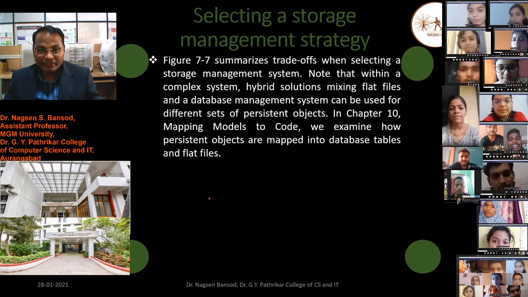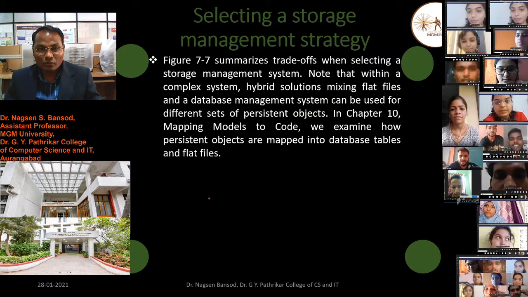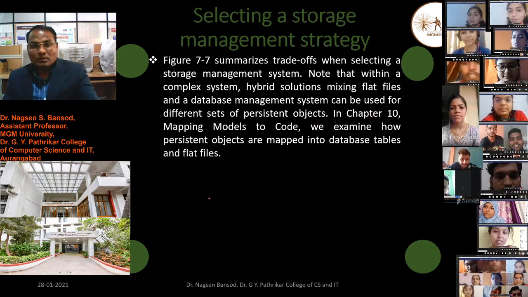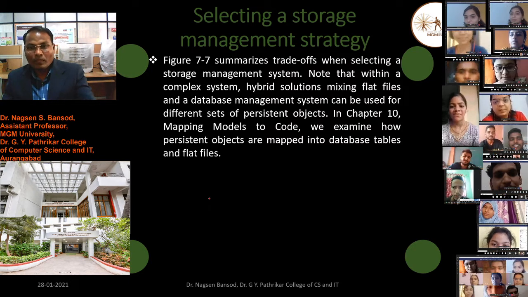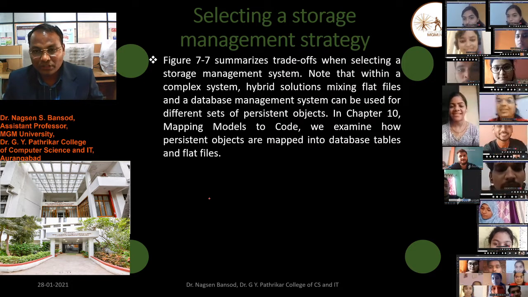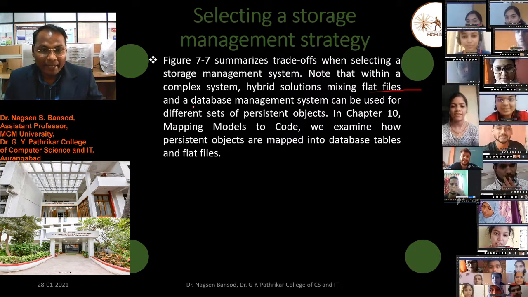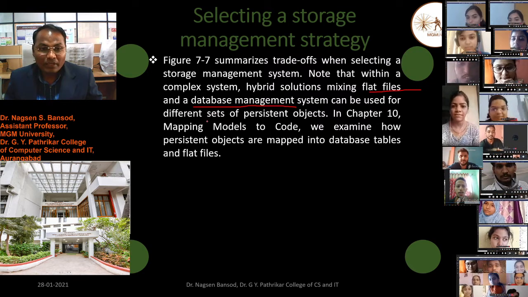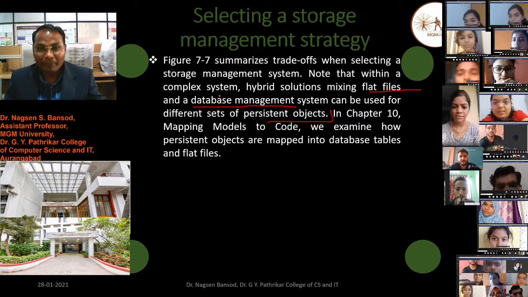Figure 7.7 summarizes the trade-offs when selecting a storage management system. Note that within a complex system, a hybrid solution, mixing flat files and database management systems, can be used for different sets of persistent objects. There are the hybrid files.